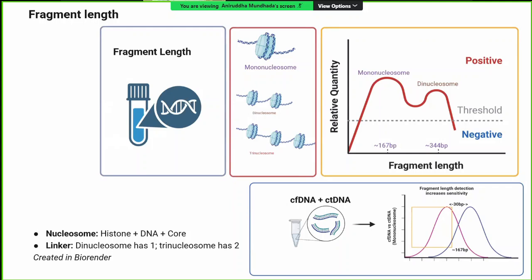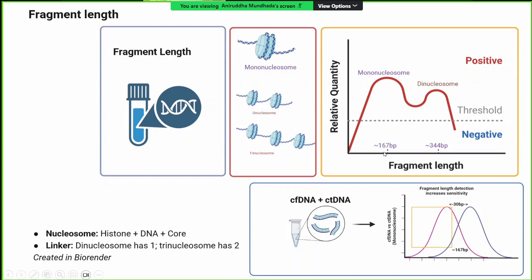Coming to another schema which shows the fragment length and how it affects the readout of ctDNA. So usually the fragment is wrapped around a histone protein, which leads to a mononucleosome. It can club together with two and lead to a dinucleosome or even a trinucleosome, and that determines how much of the fragment length is involved.